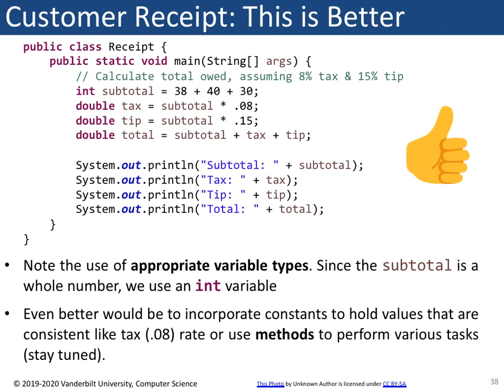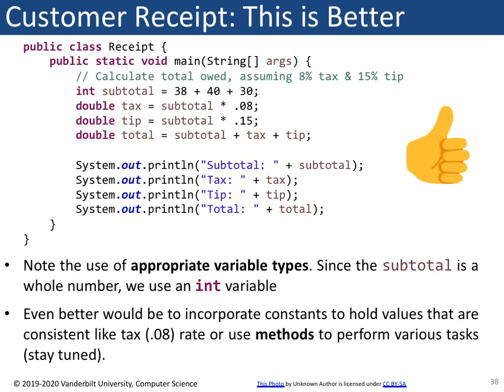We declare a variable called tax of type double. Double because we're going to need to multiply by a decimal to get the required amount of tax. So we have a variable called tax, which is of type double, and we are going to assign it the expression subtotal times 0.08.